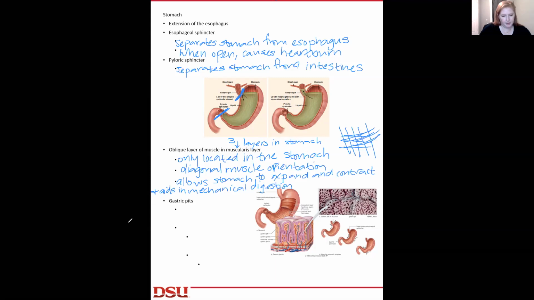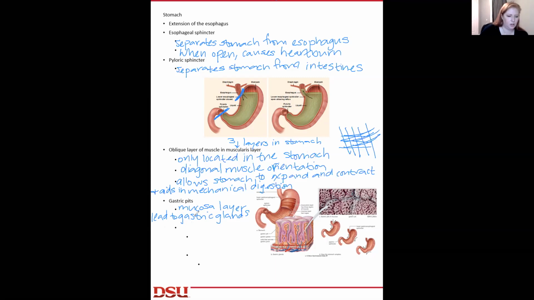Gastric pits. These are found in the mucosa layer. And these pits lead to gastric glands. And the gastric glands secrete a couple of different things.